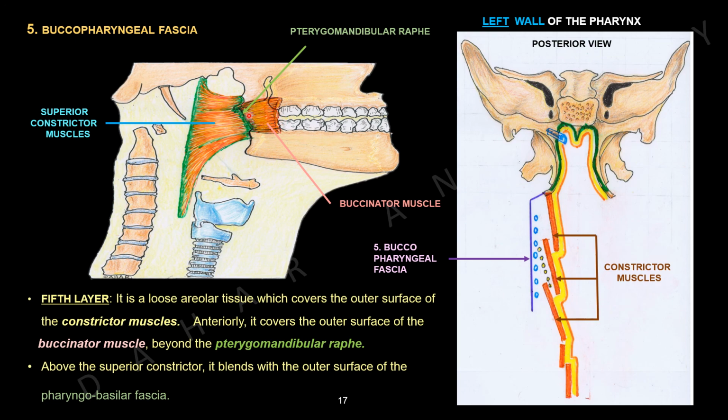This is the one covering here. If you see in this diagram, outside the constrictor muscles is the buccopharyngeal fascia. It anteriorly covers the buccinator and posteriorly covers the superior constrictor muscle. Between the circular constrictor muscles and the buccopharyngeal fascia, we have the plexus of pharyngeal veins and the plexus of pharyngeal nerves.